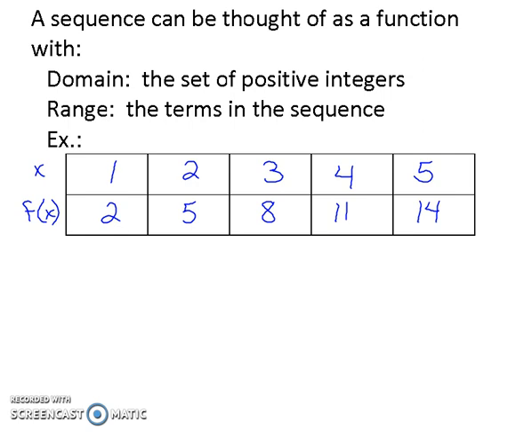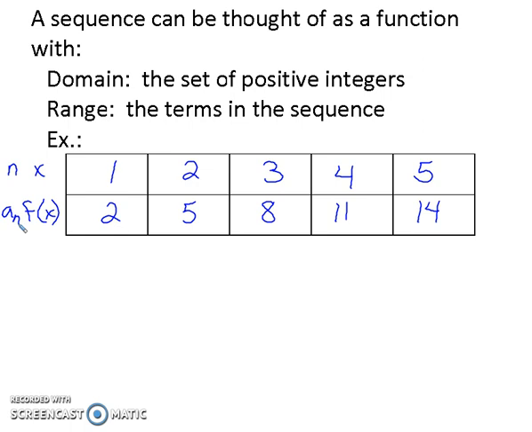Or we really would think about this more as this is n and this is a sub n. We don't really use them so much in terms of function notation. As with sequence notation, it's usually n and a sub n. So what could I do to n to turn it into a sub n?